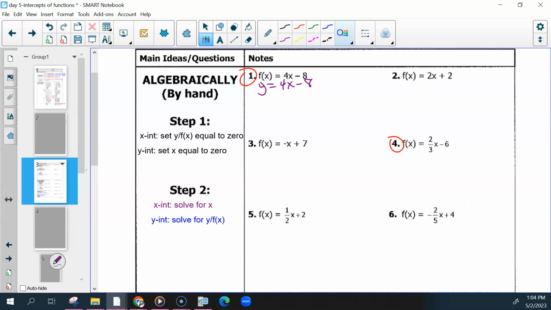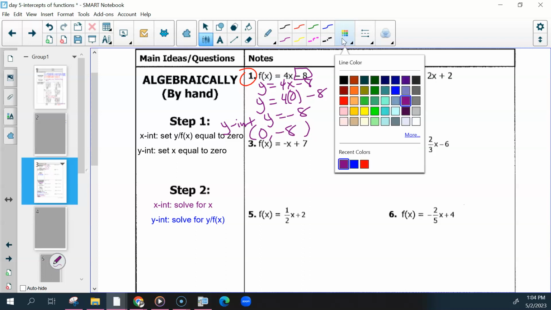And then, where x is, put 0 in, and solve. So now you're good. How would we write that as an ordered pair? 0, -8. So you could have just looked at this number by itself. Anytime it's in this format, a number by itself is your y-intercept.